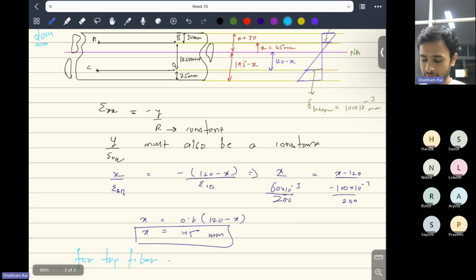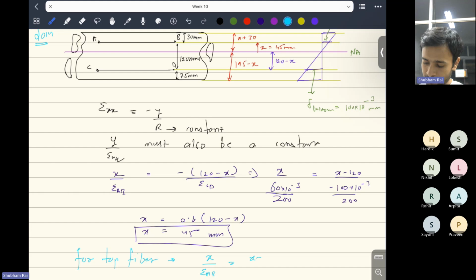So now if we write this equation for top fiber, that will be x over epsilon AB. You have to write this equation at 2 points. So I'm writing for AB because for AB we know the strain of AB and we know the value of x also, x is the distance of AB from the neutral axis. Now the second point will be the topmost fiber, which is at a distance of x plus 30, and here the strain will be epsilon topmost.